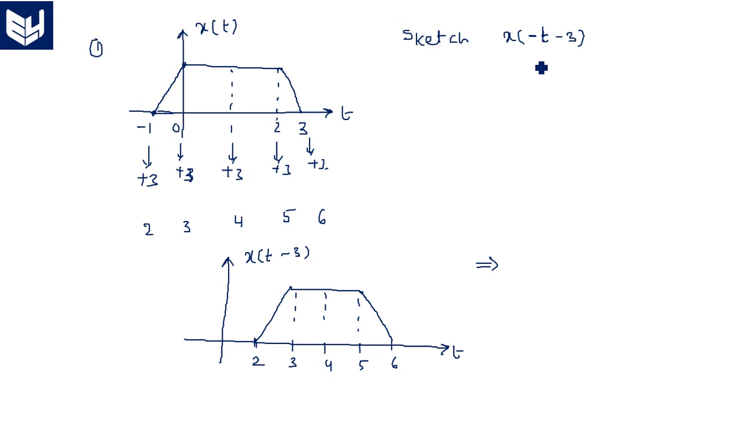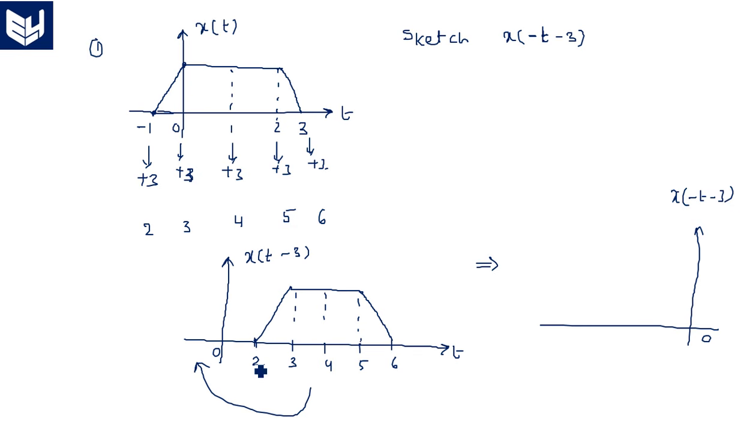Actually, the given question has two properties. One is the shifting property, another is the reversal property. The shifting property we have done now. Now the time reversal property. Time reversal means this signal should be folded vertically, so this entire part will come on the left hand side. So now the signal is x of minus t minus 3.